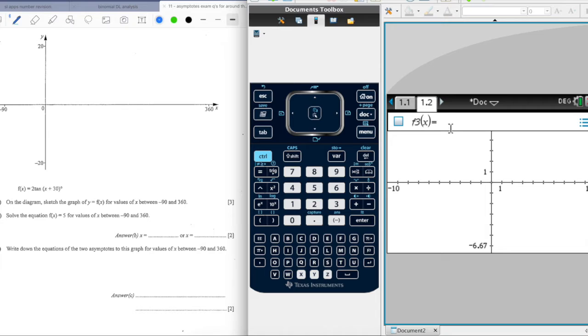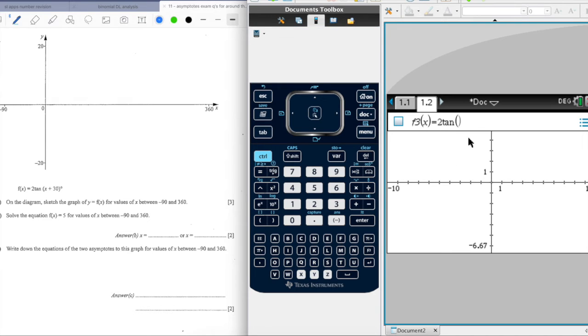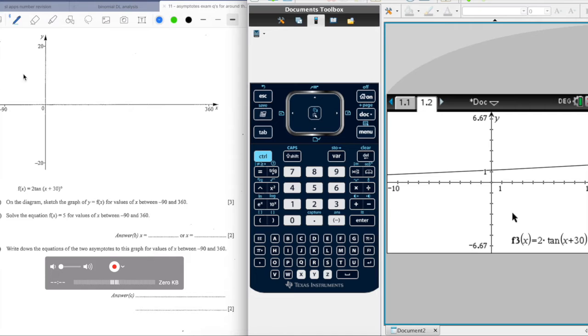So we're going to write down the equation, which is 2 tan of x plus 30. And when we plot it, initially we just get a straight line, which we know that tan is not equal to. But if we look at the function here, it says that we should be plotting it from -90.